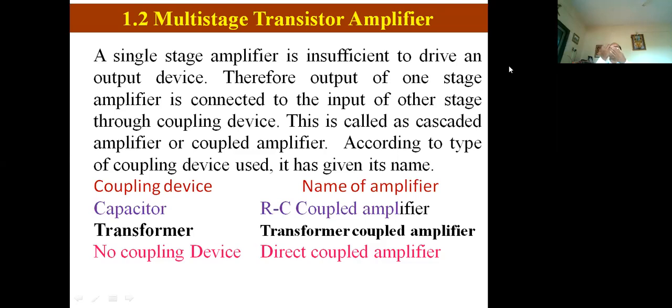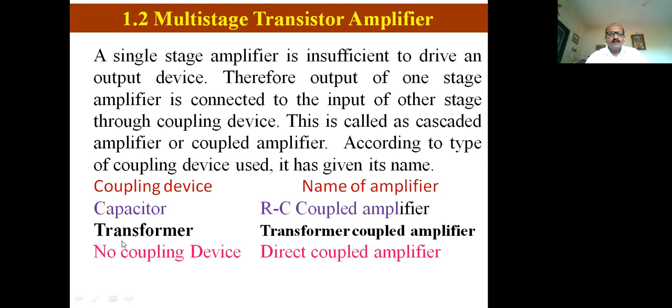The output of this amplifier is connected to the input through a capacitor. In the circuit there are collector resistance and voltage divider resistance. Therefore, when a capacitor is placed in between two amplifier circuits, as a coupling capacitor, we can connect the amplifier circuits. Then such a circuit is called an RC coupled amplifier.